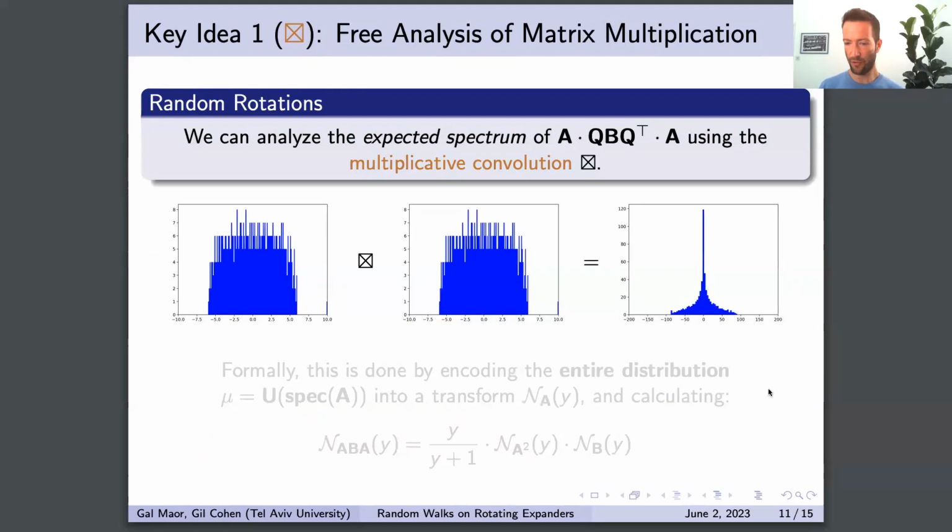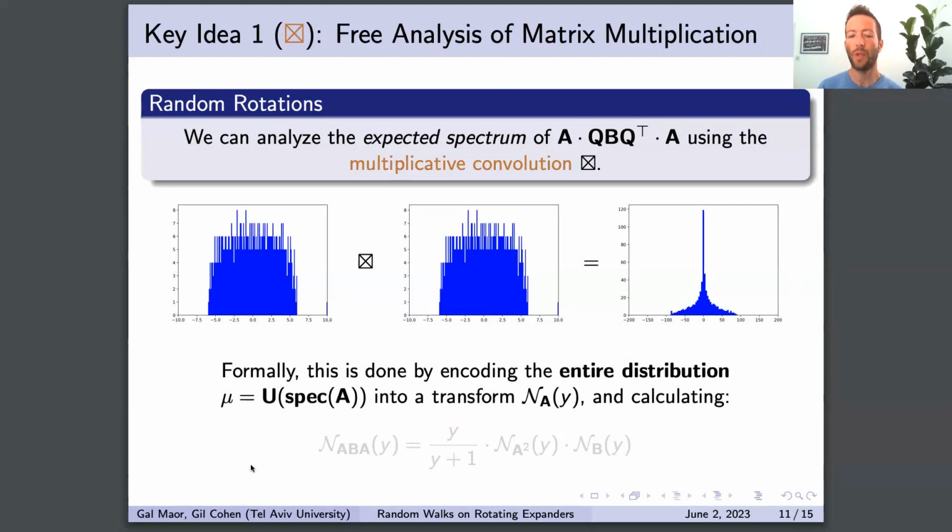A little bit more formally, how this is done is by defining this distribution, as I mentioned, the uniform distribution over the spectrum of the matrix. And then I encode this entire distribution into a transform, which is called the N transform of the distribution. You may be familiar with other transforms on distributions, such as the Fourier transform or the moment generating function, which are very useful in other scenarios.